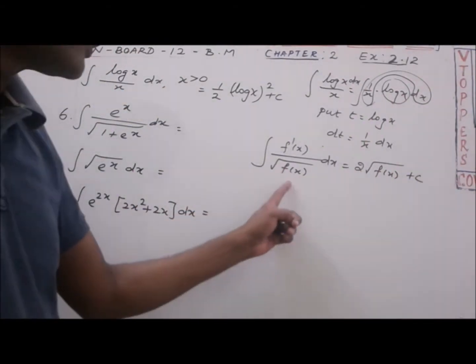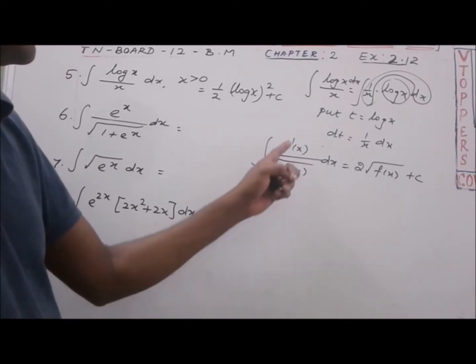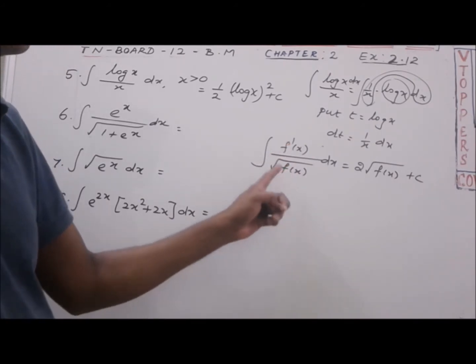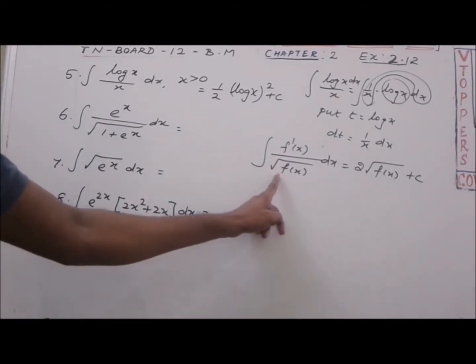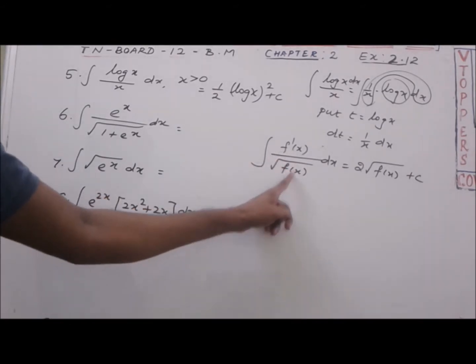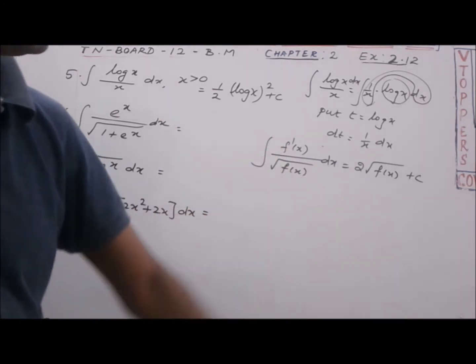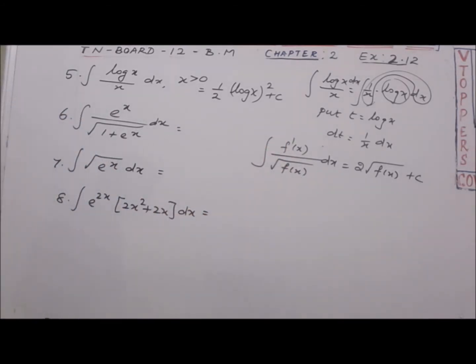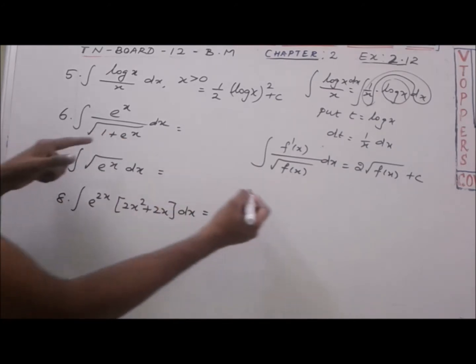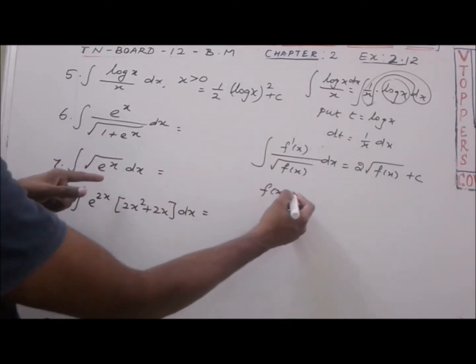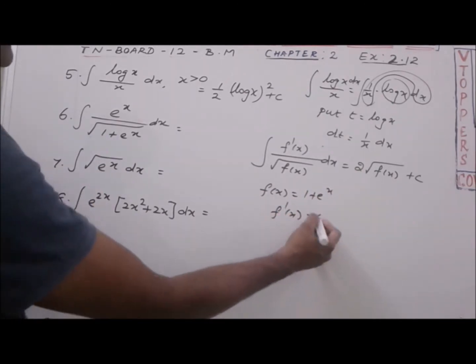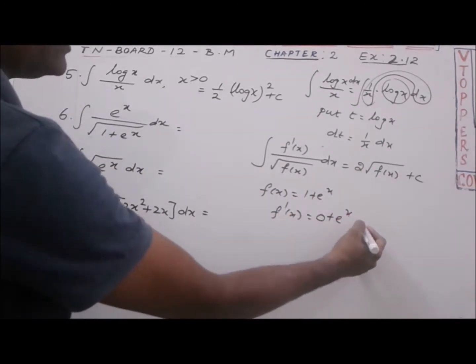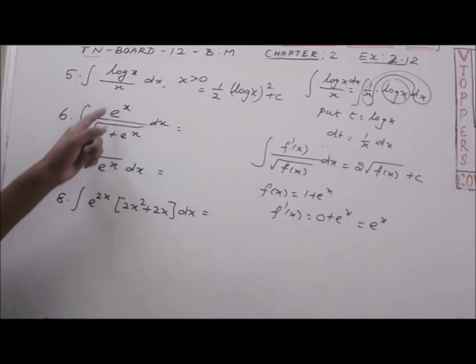The function is within the square root of the denominator, and the function's derivative appears in the numerator. Here, root of f of x, and f dash of x, the derivative of f of x, in the numerator. We have the formula 2 times root of f of x plus c. So here 1 plus e power x is taken as f of x, and its derivative f dash of x is 0 plus e power x, that is e power x, which is in the numerator.